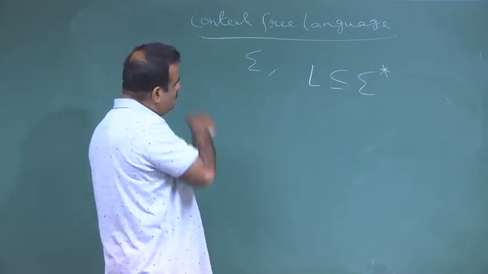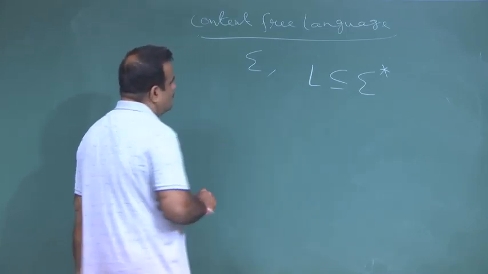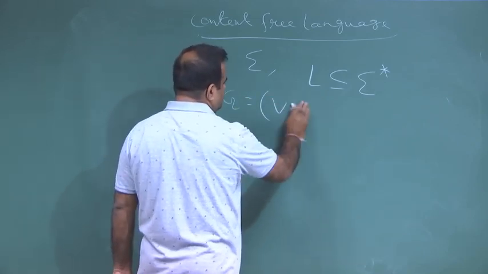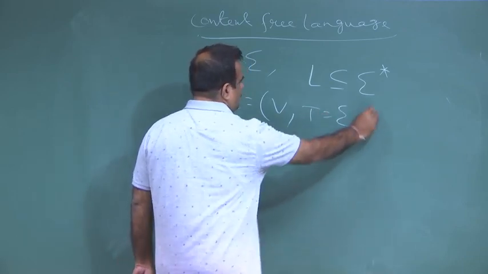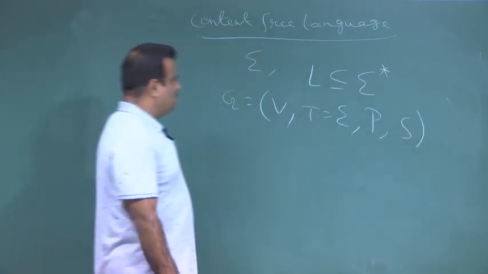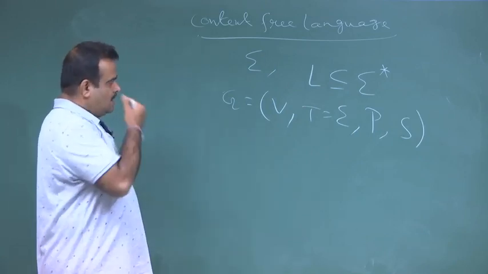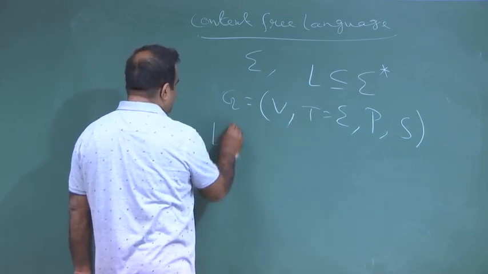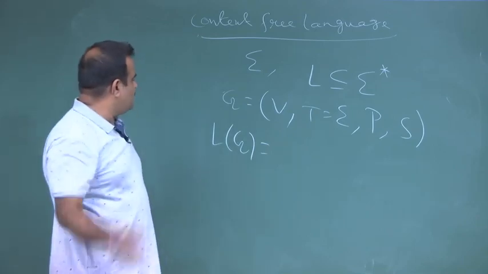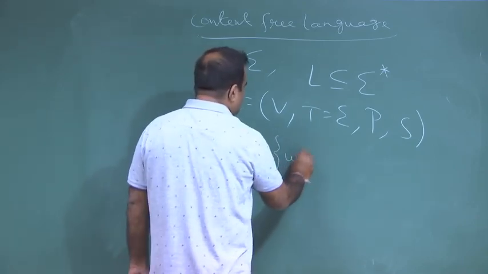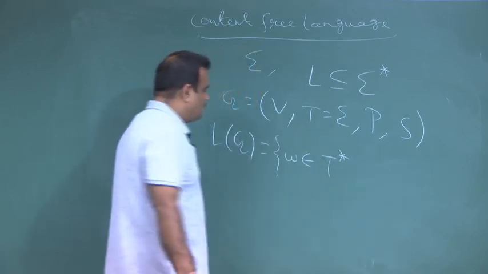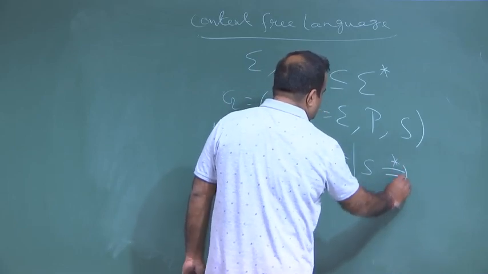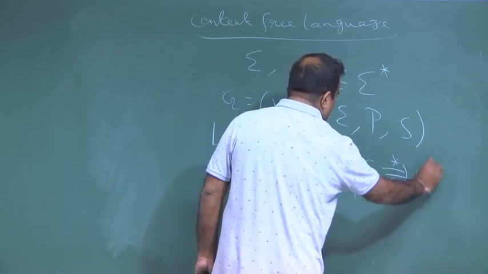We call this a context-free language if there exists a grammar G with variables, T, productions P, and S, where S is the start variable, such that L is the language generated by G, L(G), which is the set of all strings of these terminals or alphabets such that each is derivable from S by the productions.